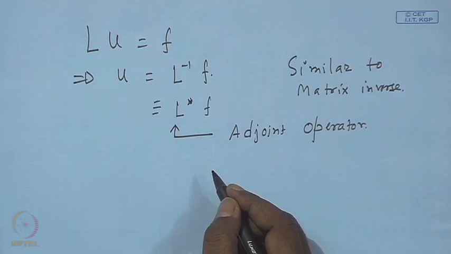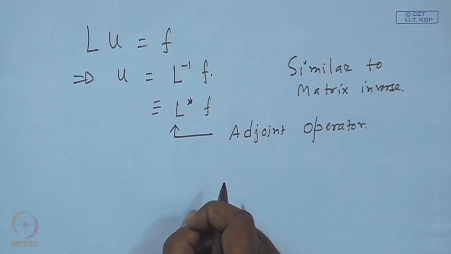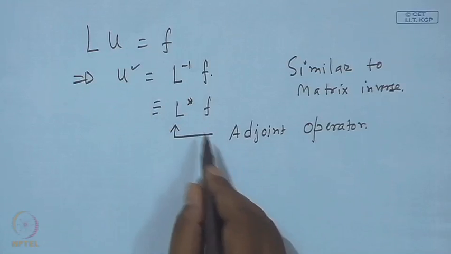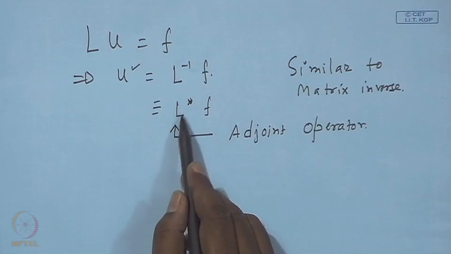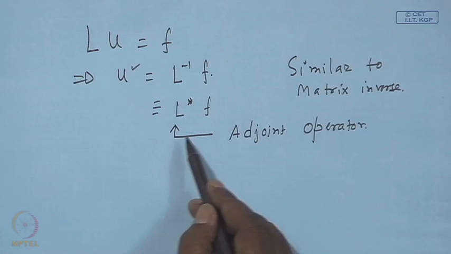So, in order to solve the matrix form A x is equal to b, we have the solution vector x is equal to A inverse b. Similarly, in this case we will have the solution function u equal to L inverse f, and that L inverse we call the adjoint operator. So, it is the adjoint operator.